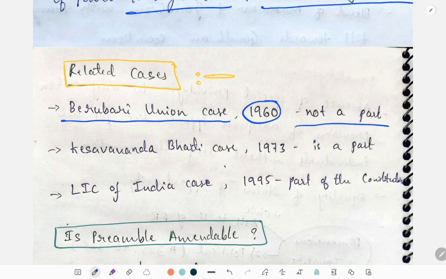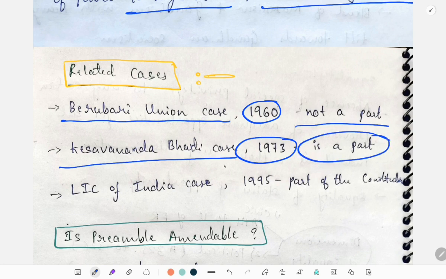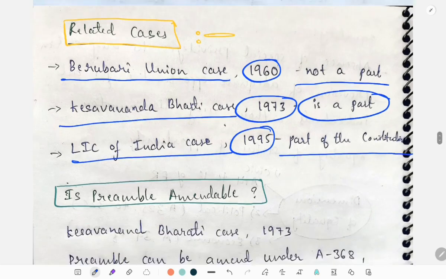In the Kesavananda Bharati case in 1973, the judgment was that the Preamble is a part of the Constitution. Next, in the LIC of India case in 1995, again the judgment was that the Preamble is a part of the Constitution.